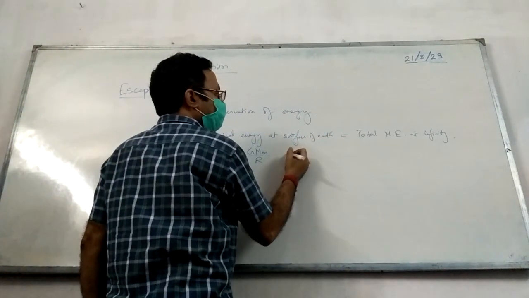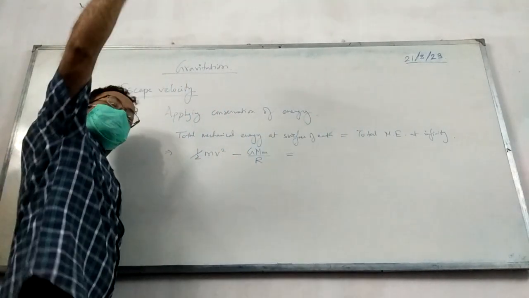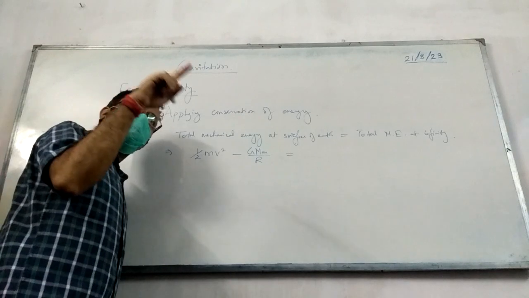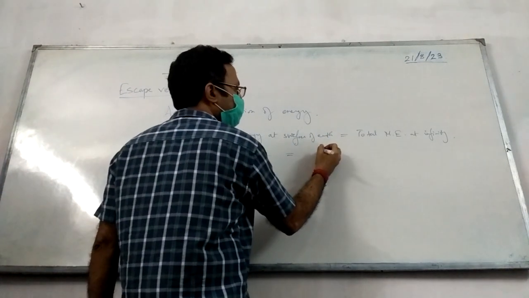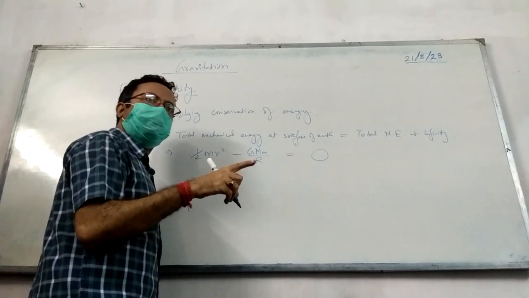Now, total mechanical energy at infinity. So if you are throwing with minimum velocity, then at infinity the velocity will become zero. So if the velocity becomes zero, kinetic energy becomes zero. And you know, at infinite separation, we have chosen the potential energy to be zero.